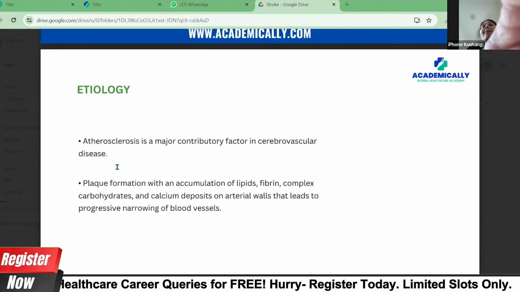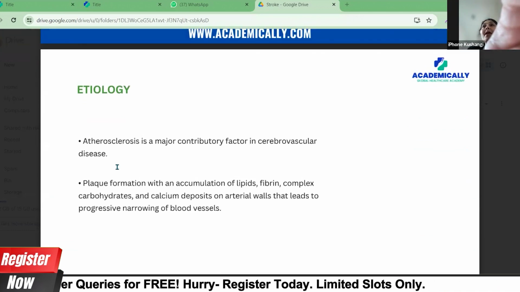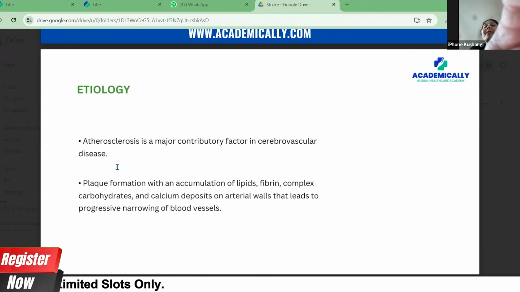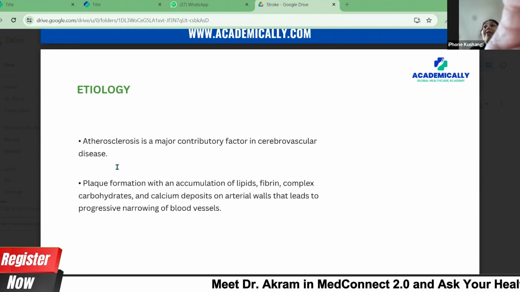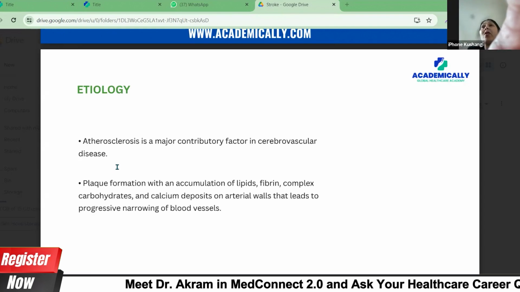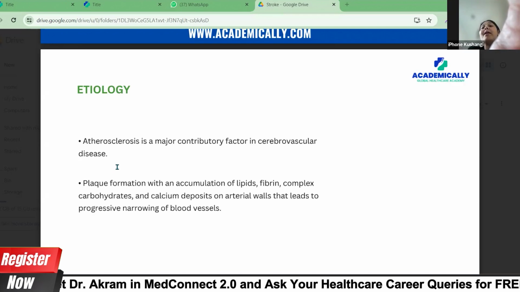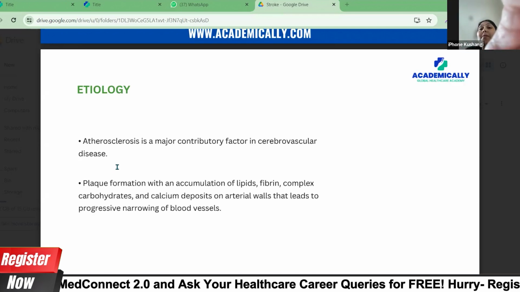So what are the basic causes of stroke? You must be aware there is some kind of cardiovascular disease like atherosclerosis. That is the major cause of the stroke. What happens with atherosclerosis? It causes thickening of the arteries, and thus blood clots are formed, and it stops the blood supply to the brain.